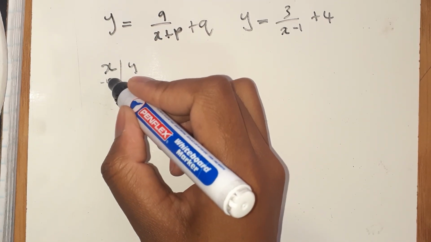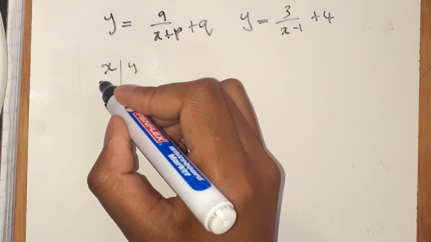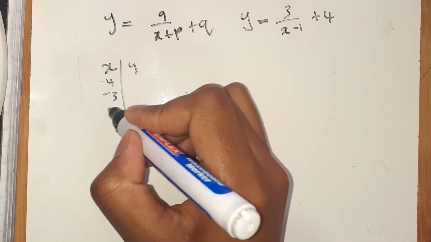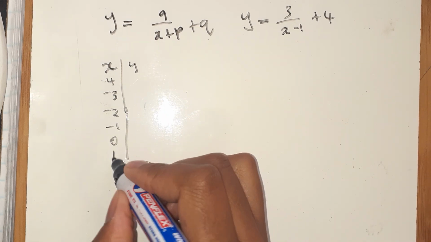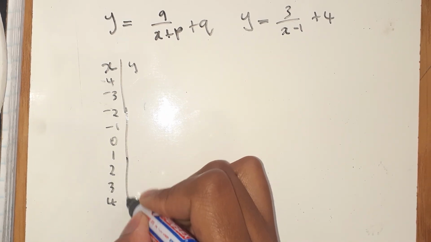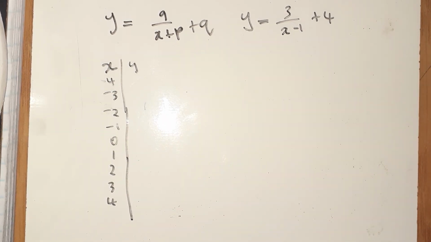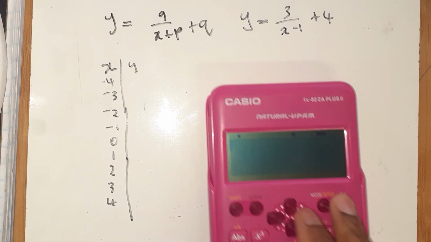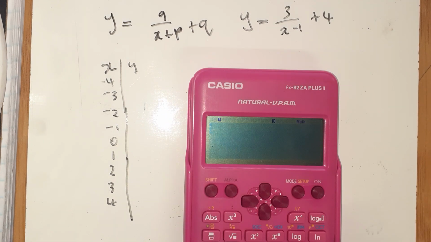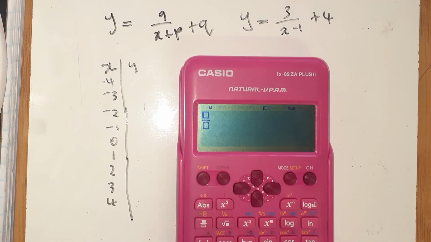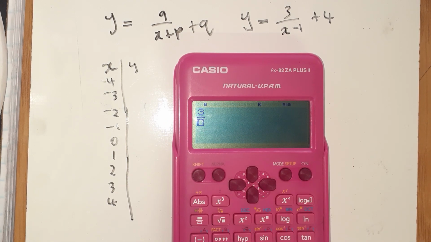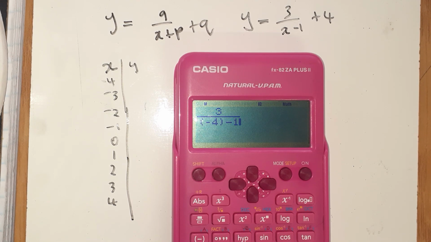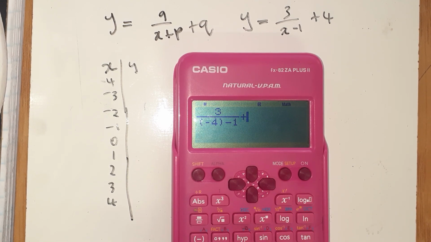We have negative 4, negative 3, negative 2, negative 1, 0, 1, 2, 3, 4. Those are the x values. Now we can look for the y values. We just substitute x here on the graph. So we have 3 over, let's start with negative 4, minus 1, plus 4.